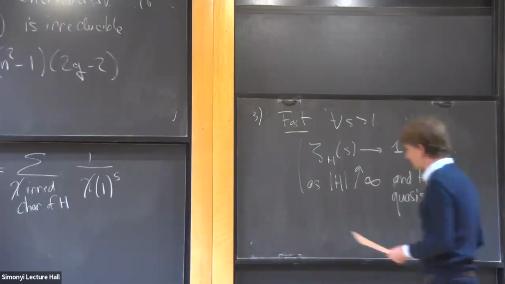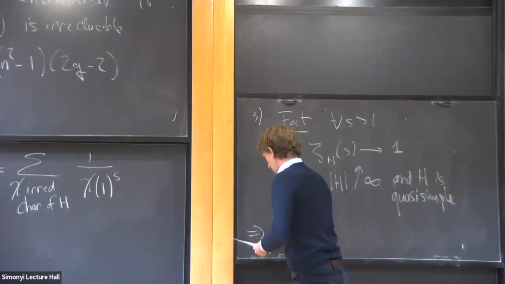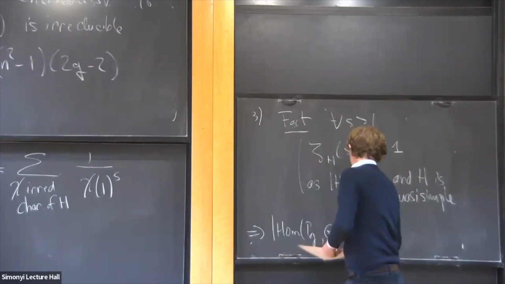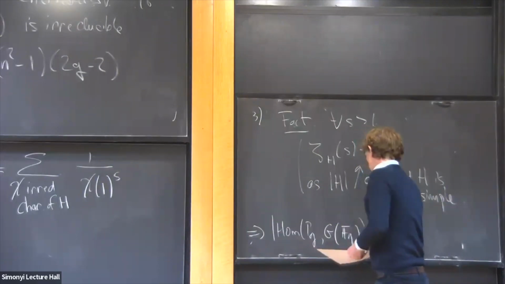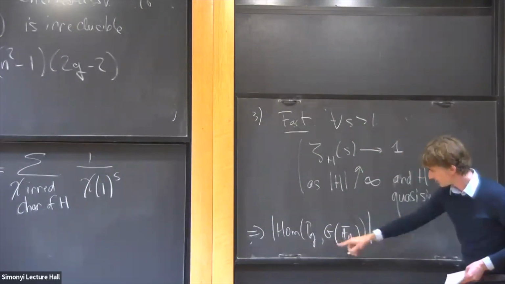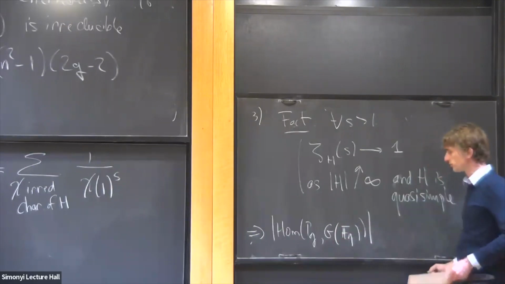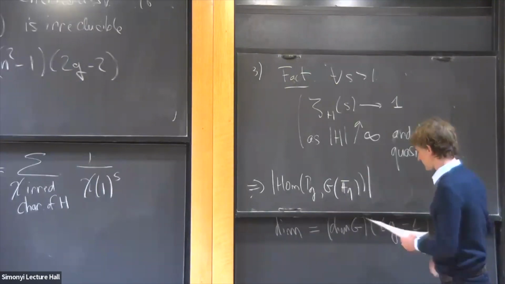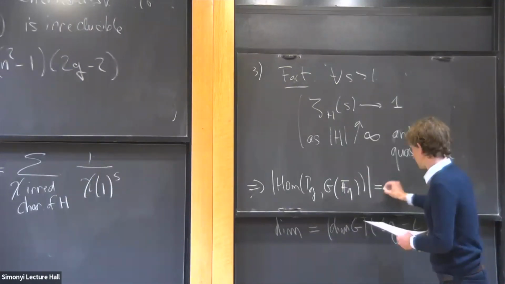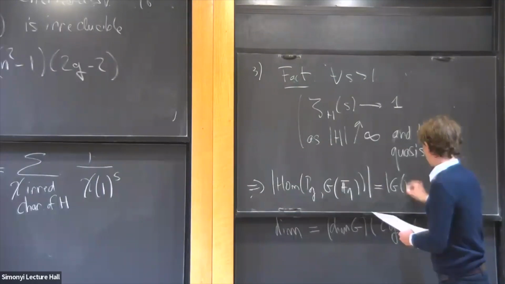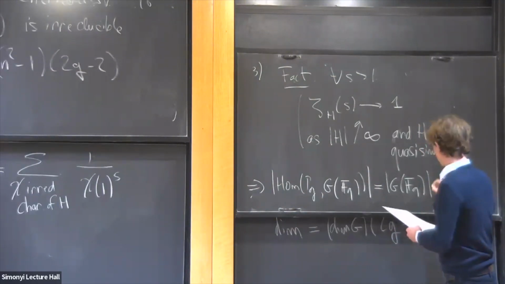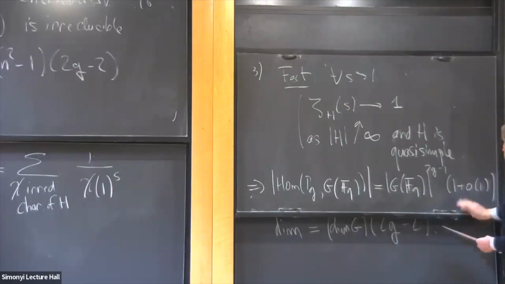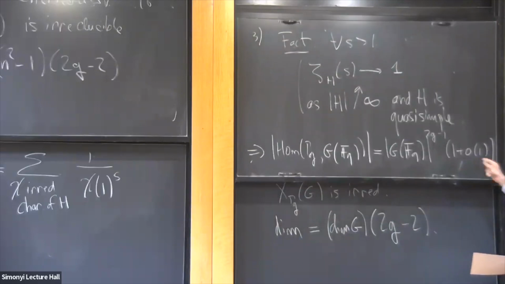So this gives you the count. Your group G was a semi-simple Lie group, but it's defined over Q, so you can actually reduce modulo p for large primes and also the powers of primes, and so you have q to the 2g minus 1 times dimension of G, times 1 plus a small error.